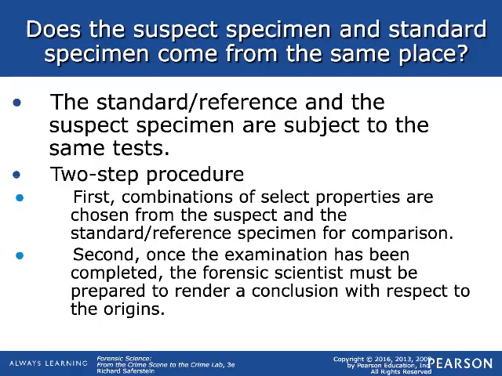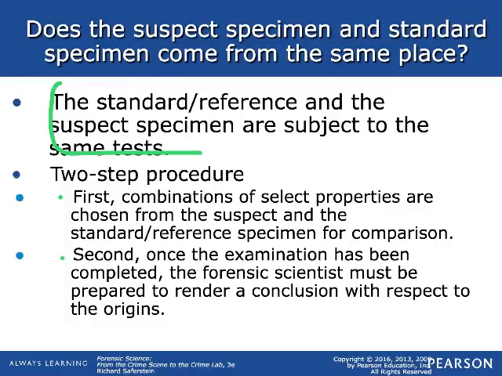Okay, now, how do you know whether the suspect specimen and the standard specimen come from the same place? What you're going to do is take the standard and the suspect and do the same tests on them. It's a two-step procedure. First, combinations of select properties are chosen from the suspect and the standard to compare them.